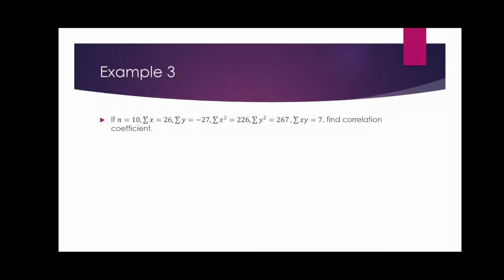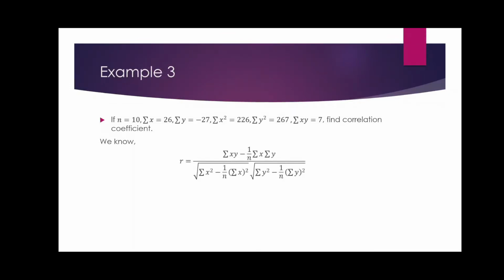Question number 3. If the value of n is given as 10, summation of x is 26, summation of y is -27, summation of x squared is 226, summation of y squared is 267, and summation xy is 7, find the correlation coefficient. All we need to do is put it into the formula.